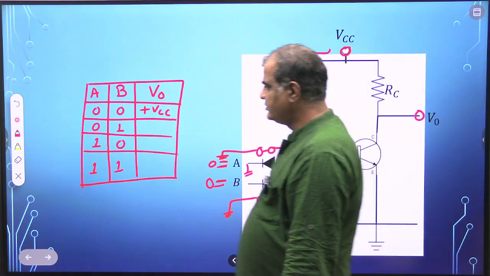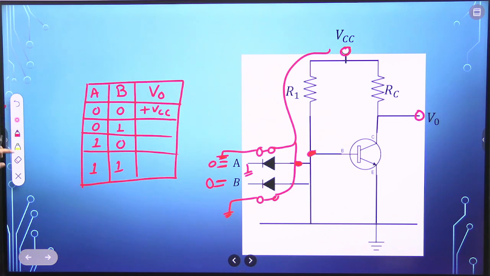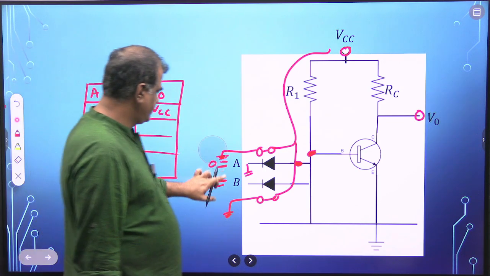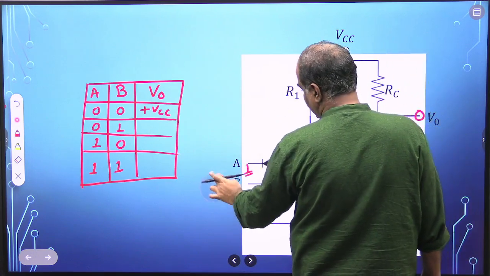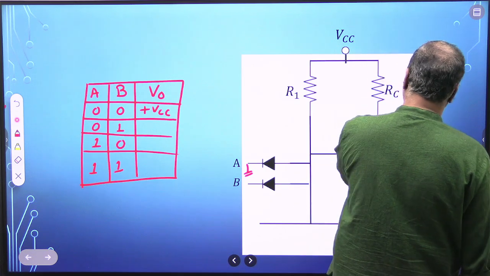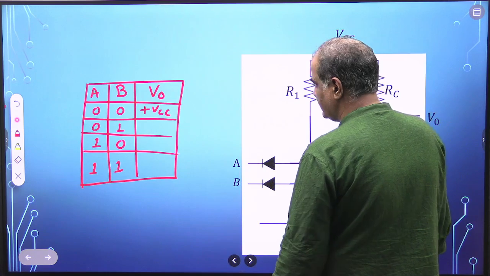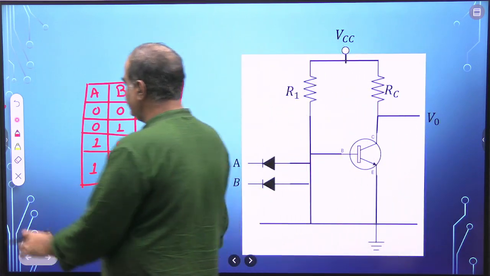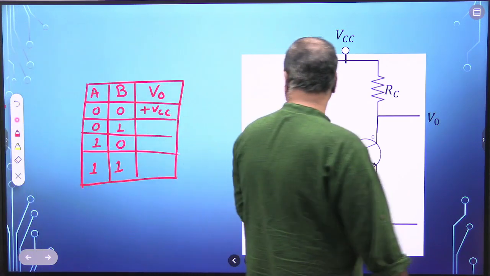अब बाकी सेकंड देखो, सेकंड चेक करो क्या होगा. Tell me. Yes, ideal. Diodes are ideal. Now next what will happen? Tell me. 0, 1.